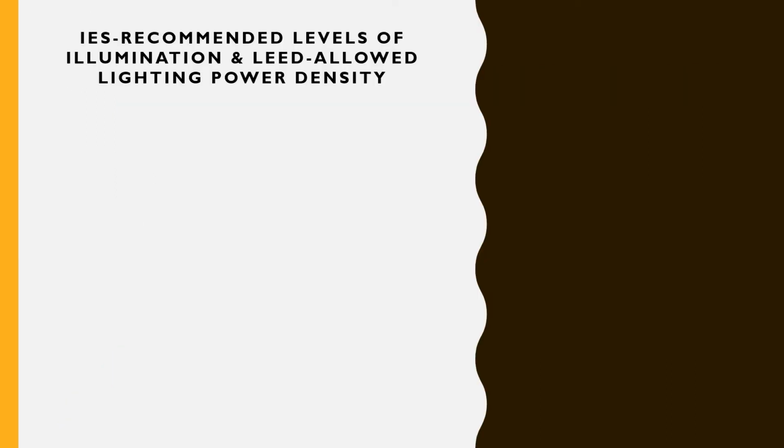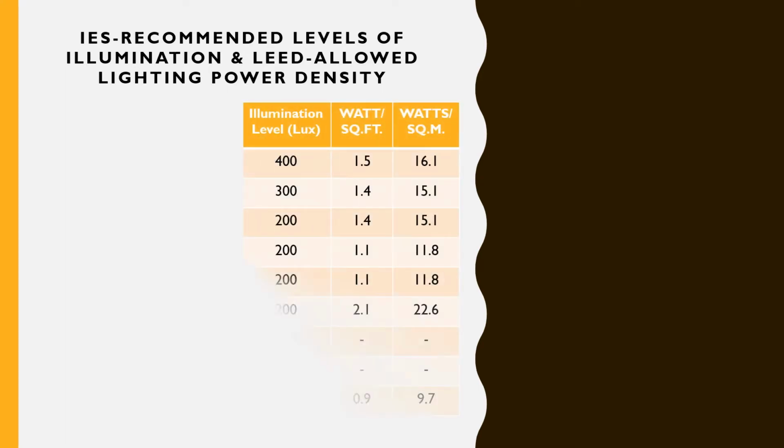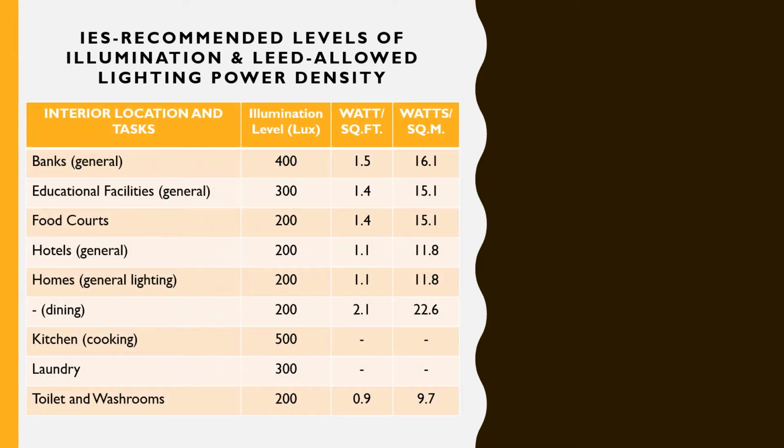Here I will show recommended levels of illumination by the LEED, which is allowed lighting power density. According to the table, there is a column, interior location and task.